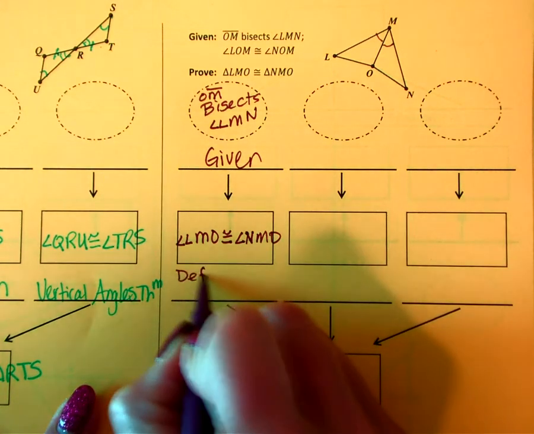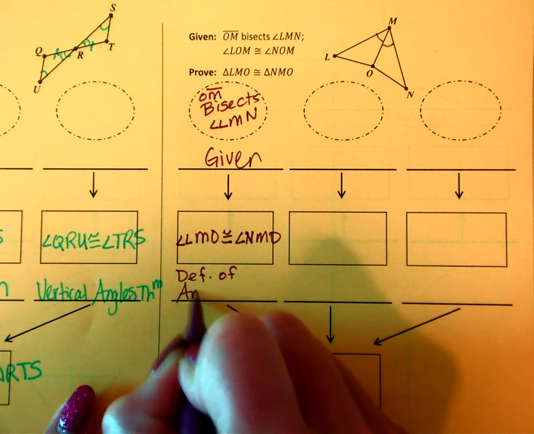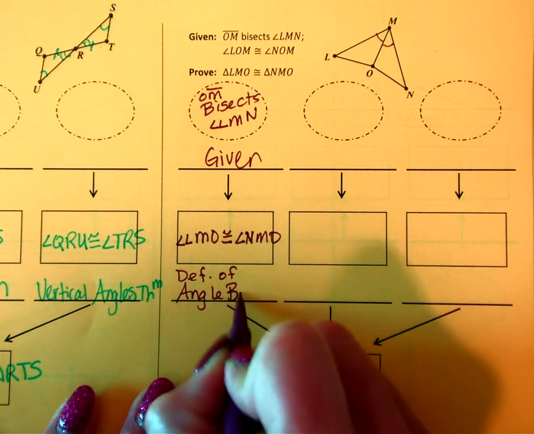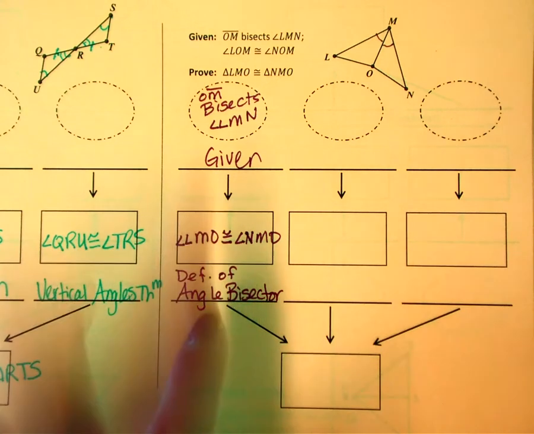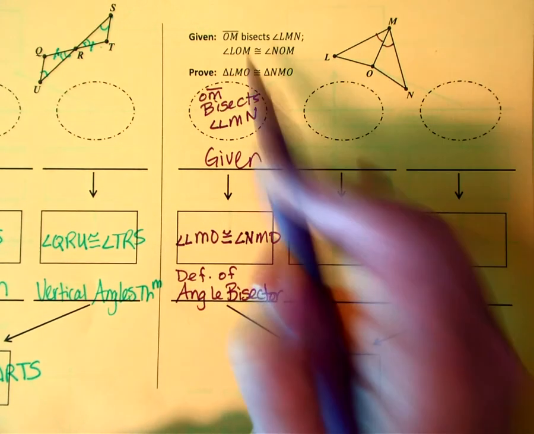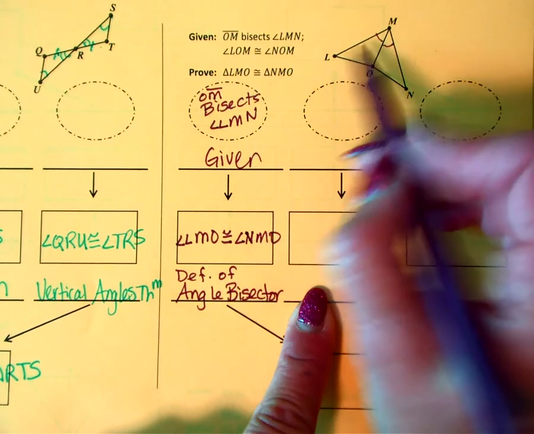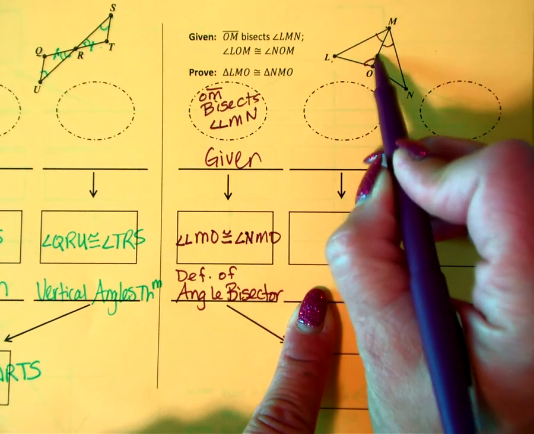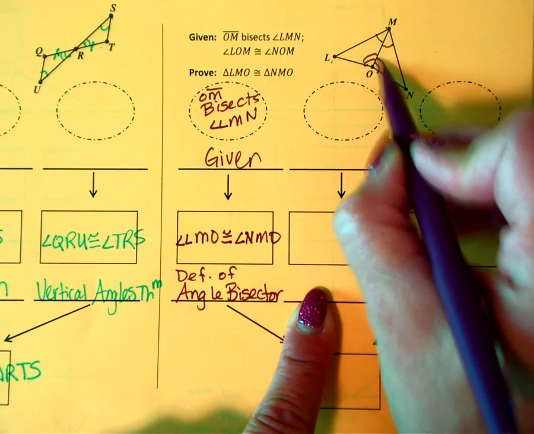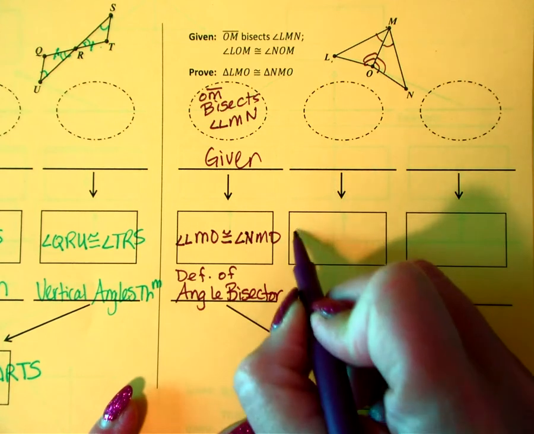And the reason for that is the definition of angle bisector. Once I'm down here, I'm going to stay down here. So the next thing I'm given is LOM is congruent to NOM.